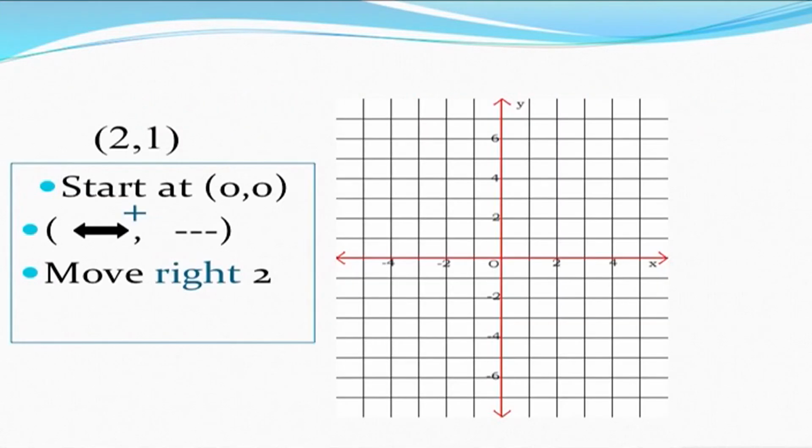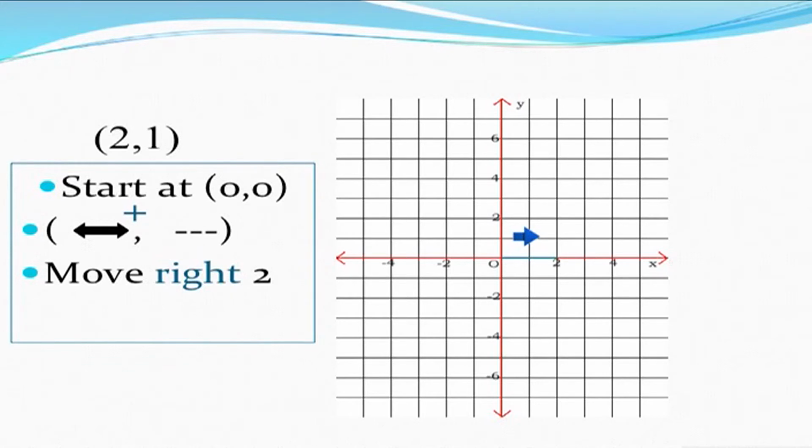Now let us look at the graphing of a point whose coordinates are represented by the ordered pair (2, 1). We start from the origin, whose coordinates are also (0, 0). In the ordered pair (2, 1), 2 is to be represented with the help of the x-axis. So we move right of the origin on the horizontal axis by 2 points.